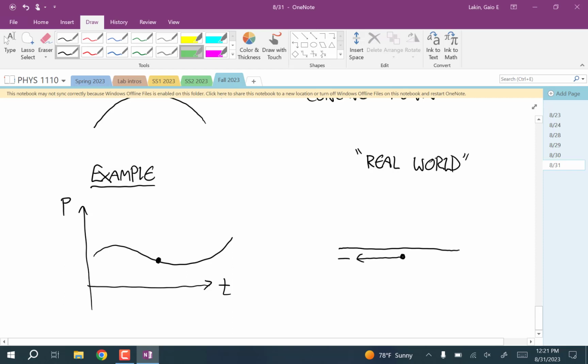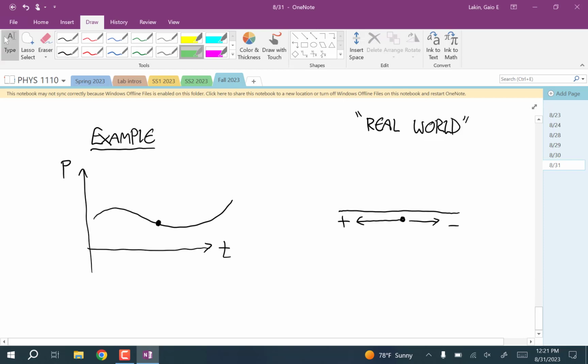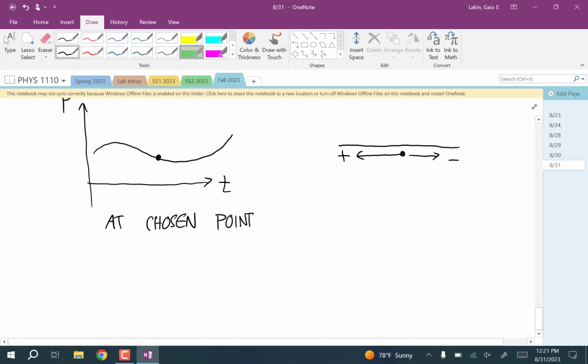Considering that we have chosen our positive to be going again to the left and our negative to be going to the right. So at the chosen point, which way is the object moving? And is it speeding up or slowing down?